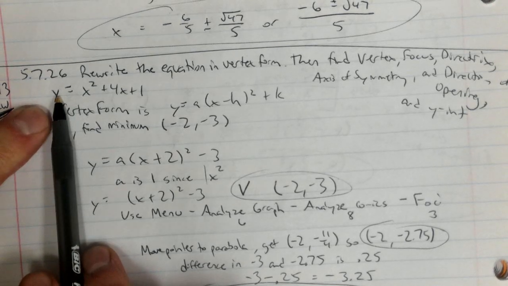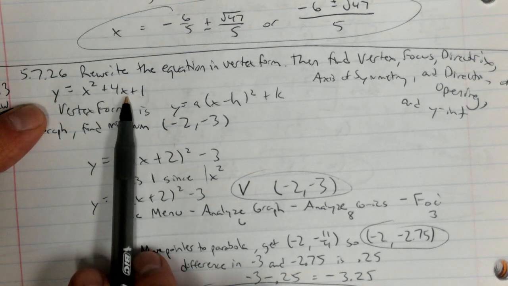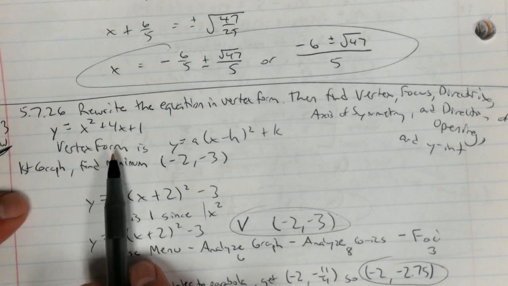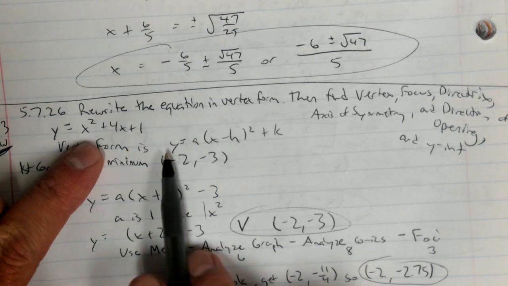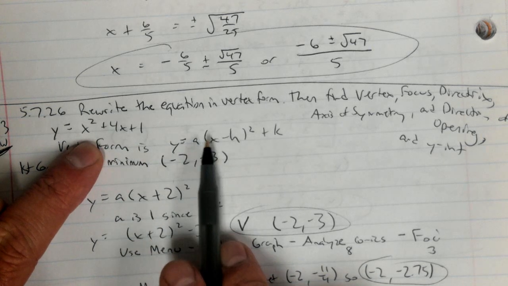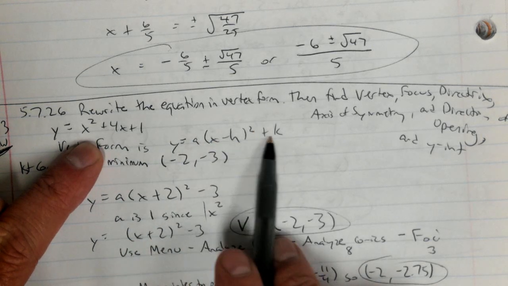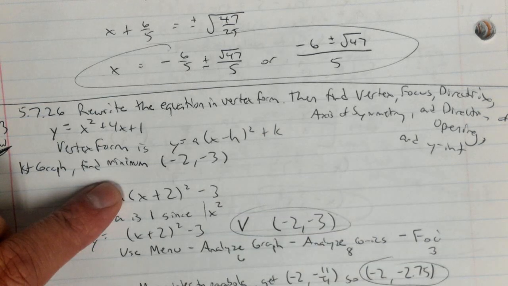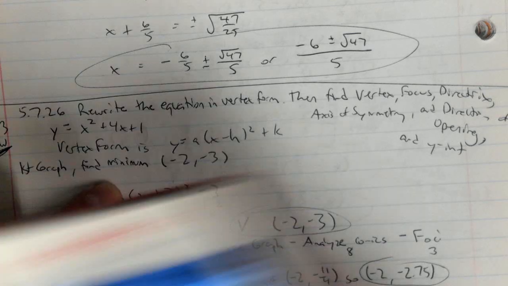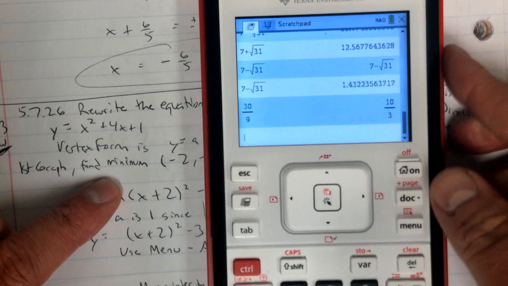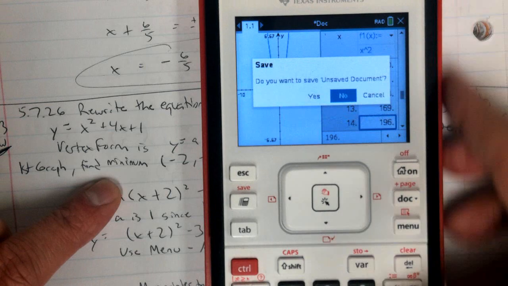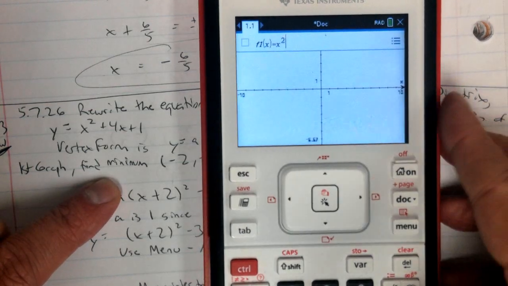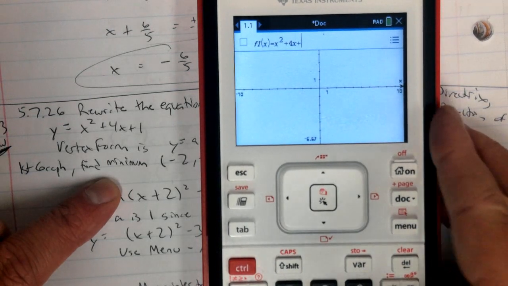So to start with, we have y equals x squared plus 4x plus 1. It wants it in vertex form, and to remind you what that means, it means you have y equals a times (x minus h) squared plus k, where (h, k) is your vertex. So just to remind you what we did before in a previous section, you would first add a graph and do x squared plus 4x plus 1.